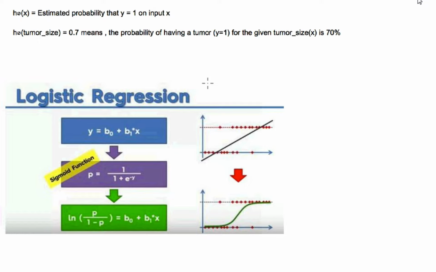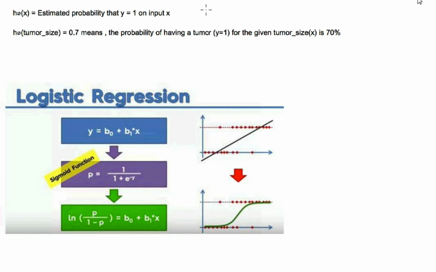One big difference between the linear function and the logistic function is the value returned. The value returned for a logistic regression is a probability. That's a big difference with the linear function. So for example, here we have the prediction for a specific tumor size is equal to 0.7, which means that the probability of having a tumor for the given tumor size is 70%.